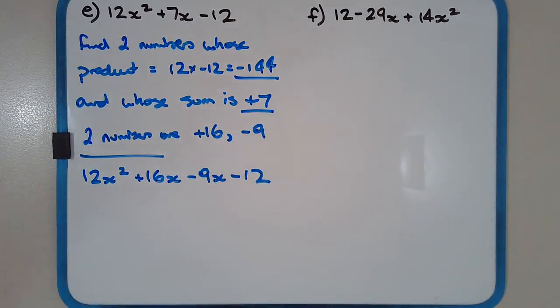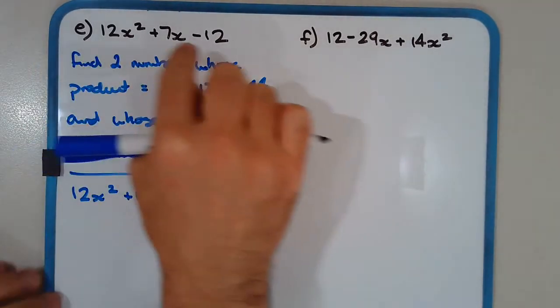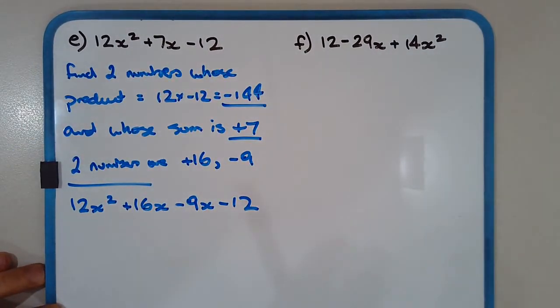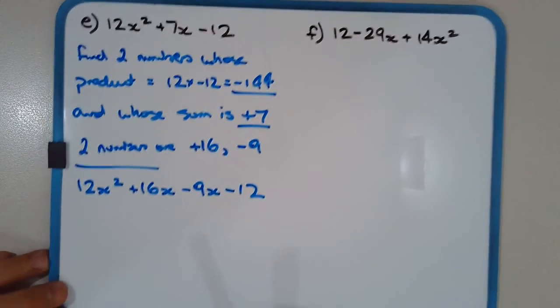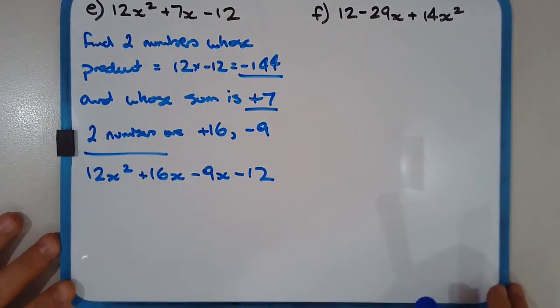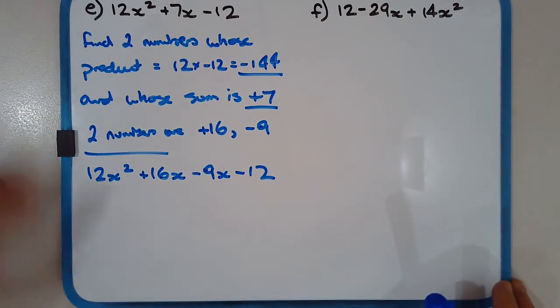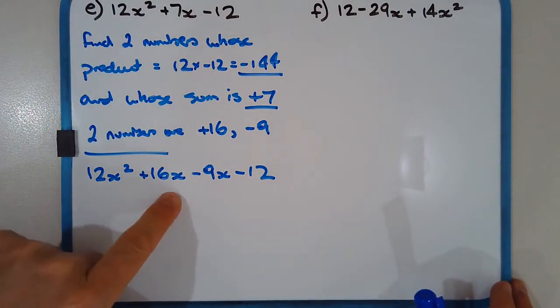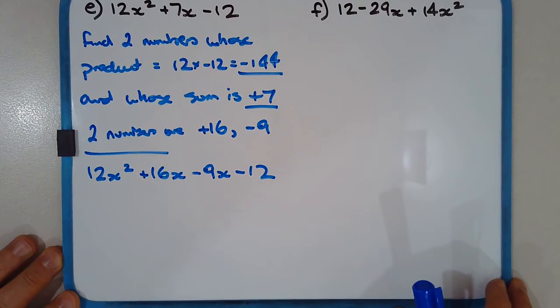Can you see where this is going now? What we've done is converted this trinomial, a 3-term quadratic, into a 4-term quadratic, if there's such a thing. All we've done is break the 7x up into 16x minus 9x.